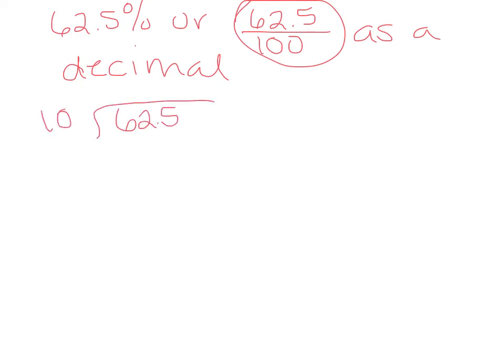But I don't really need to do that. I just need to get my 62.5 to my hundredth place. Really that just means you're moving your decimal place 2 places to the left because you're getting that into the hundredth place. So 62.5% as a decimal is 0.625.